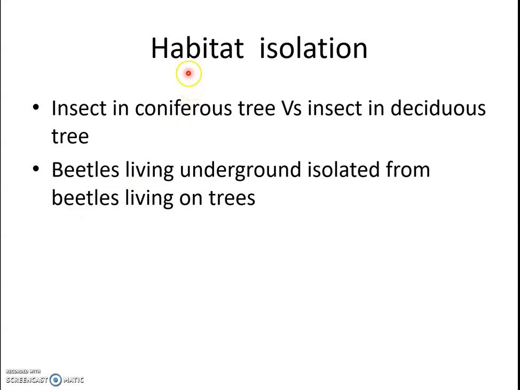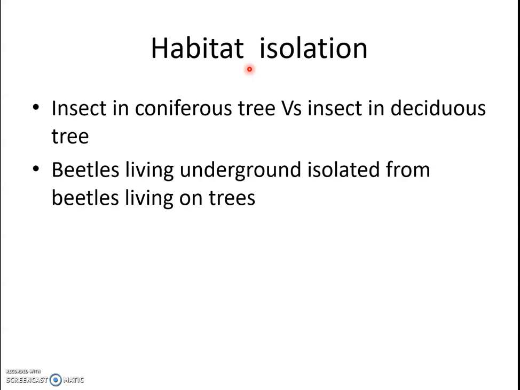The first one we have to see is habitat isolation. Habitat isolation is also called ecological isolation or environmental isolation. Here, mating or interbreeding is prevented because the organisms occupy different habitats though they reside in the same territory.